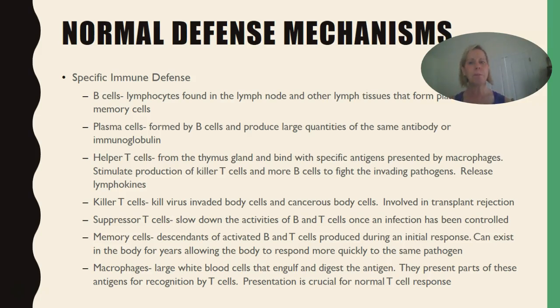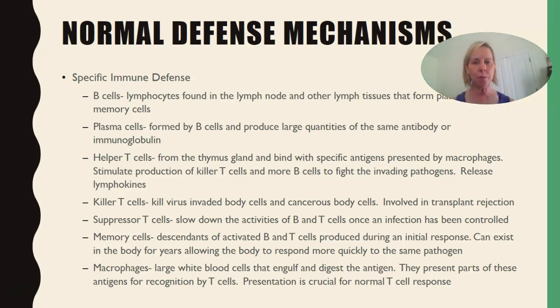Well, you have B cells and you have T cells that will specifically be able to identify those as foreign and cause you to be able to get rid of them. Another thing about this specific defense mechanism is at the end of it, you have memory. So those are the main things I'm going to have you learning in this, that there's two different types of these specific immune defense systems, and that you have memory when you get through. So keep that in mind as we go through this.